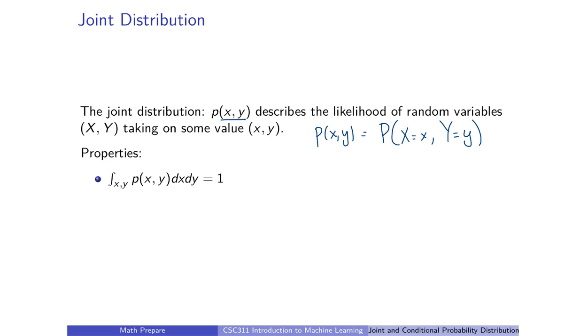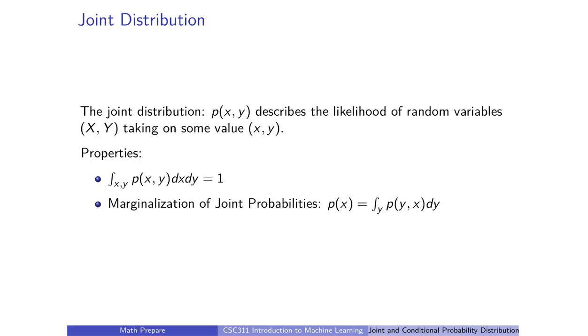Joint distributions are also distributions, so if we integrate over the possible values of x and y, we should get 1. And if my x and y are discrete, then if I sum over the possible values of x and y, we should also get the value 1.